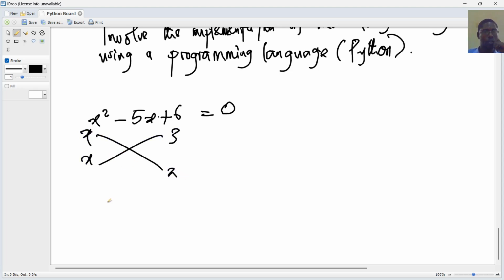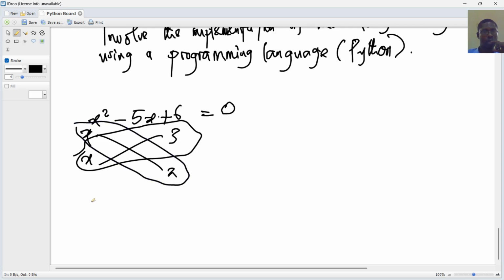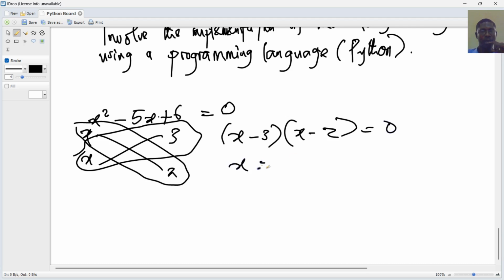Then of course we take it this way, so that's going to be x minus 3 and x minus 2 equals 0. So we now see that x is 3, or x can also be 2.